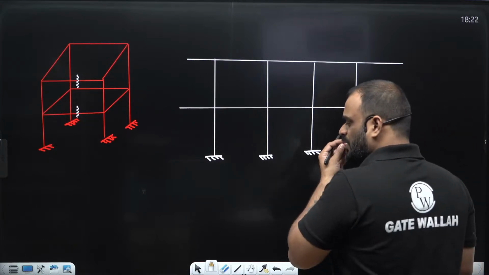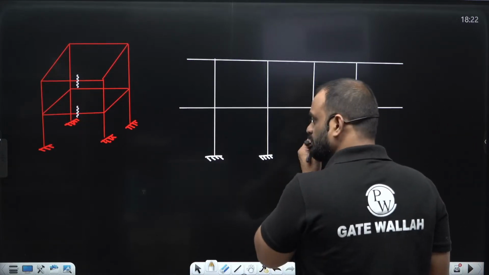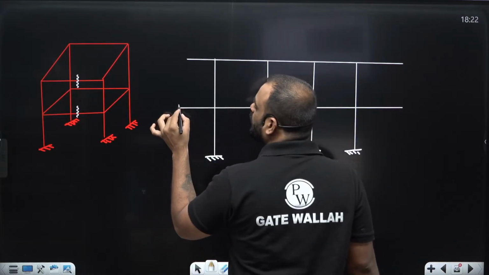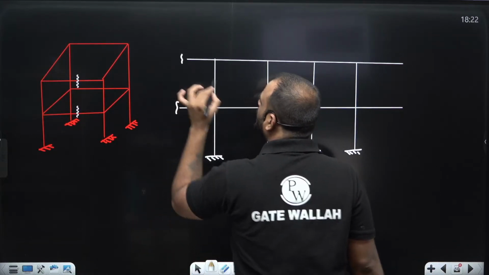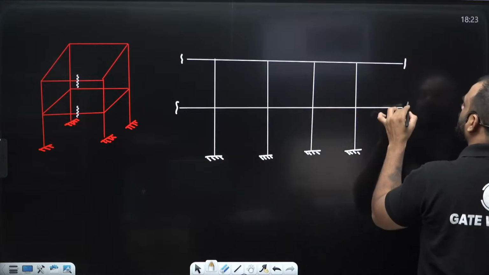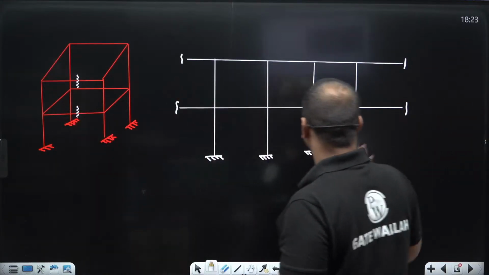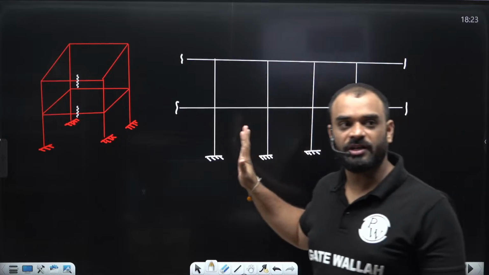Now guys, you can see here there are only 2 cuts which we have provided. Now this is our structure which is remaining.